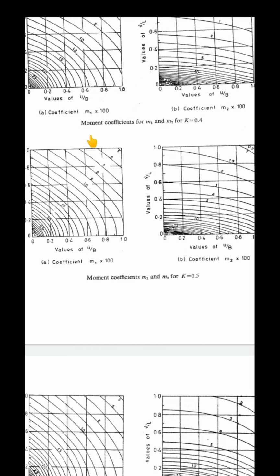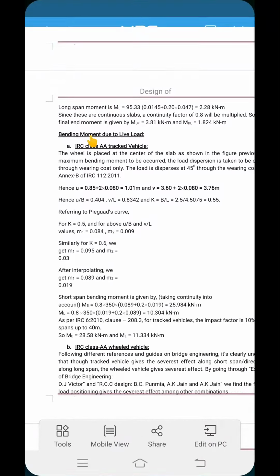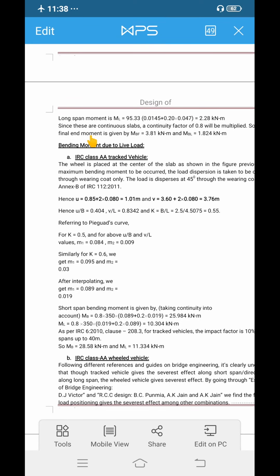It should be between 1.5 and 2. Here they have taken 1, near to 1. Okay, now we need to correct this value, remember it.